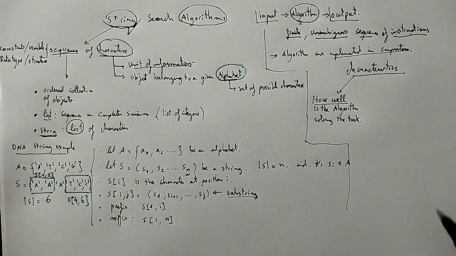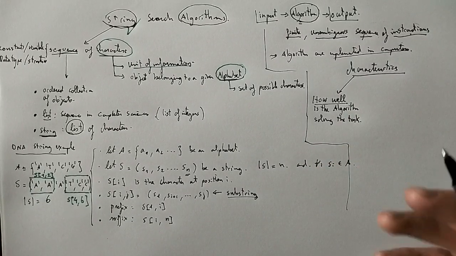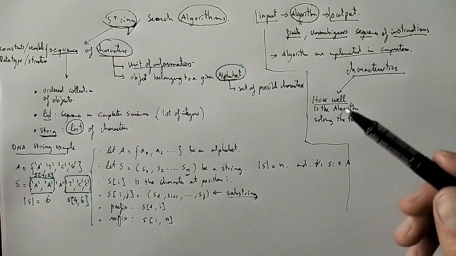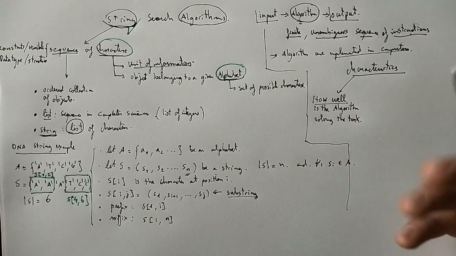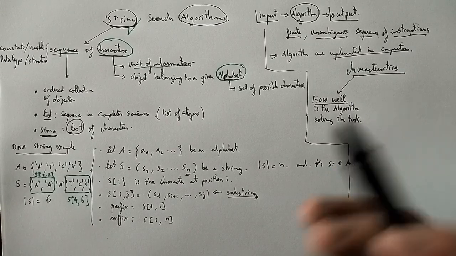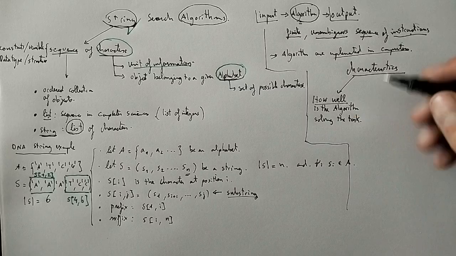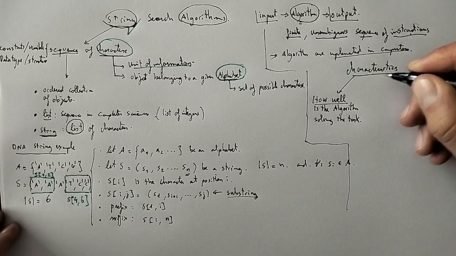So this is the quality of the algorithm. Is it solving the task in a perfect way, or just in a probabilistic way, or does it have a given quality? This is a first way to characterize the algorithm.